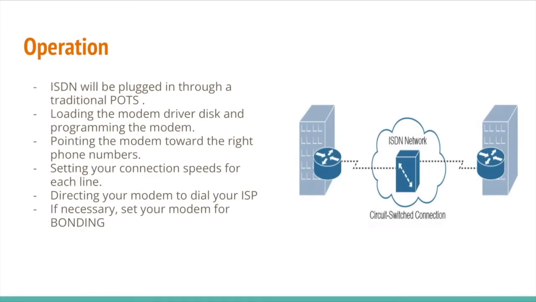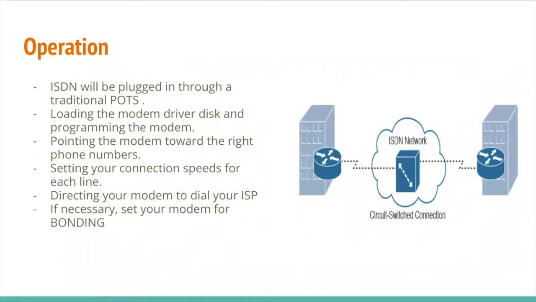Well, now we talk about operation and how you can use this technology. So first, it is important to say that most of the people use ISDN for high-speed internet when options like DSL or cable modem connections are not available.